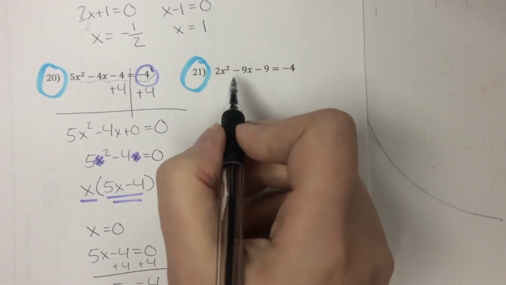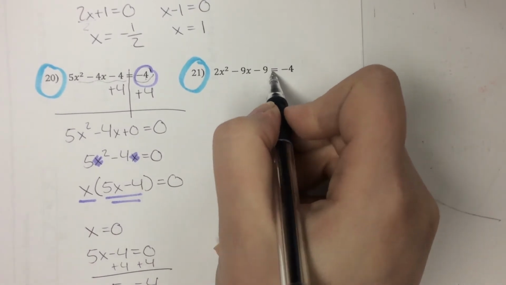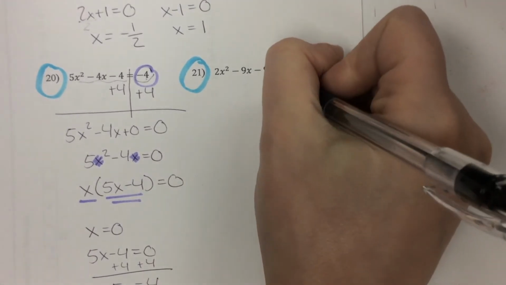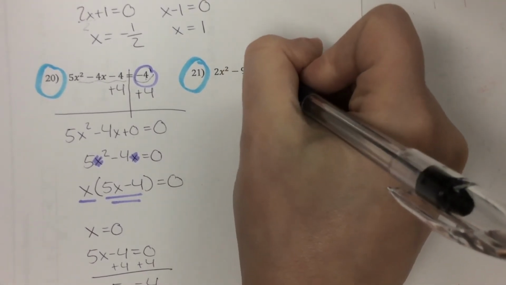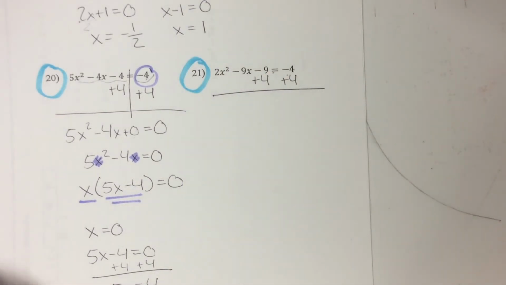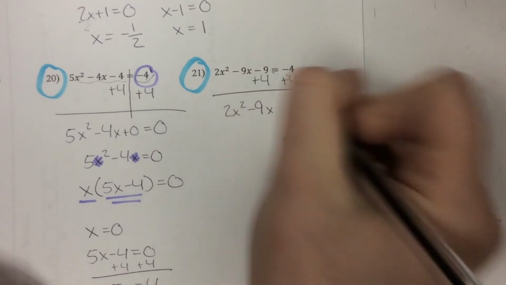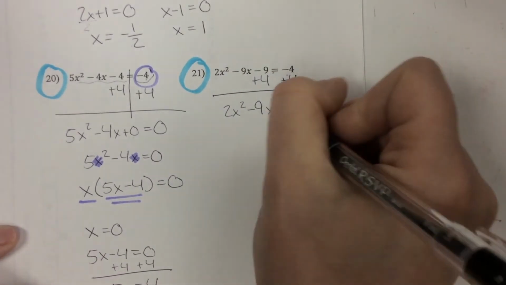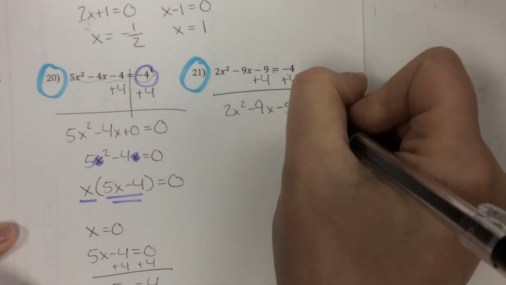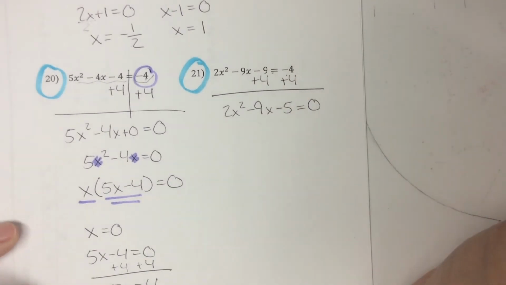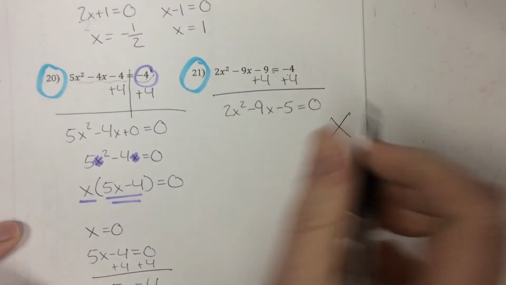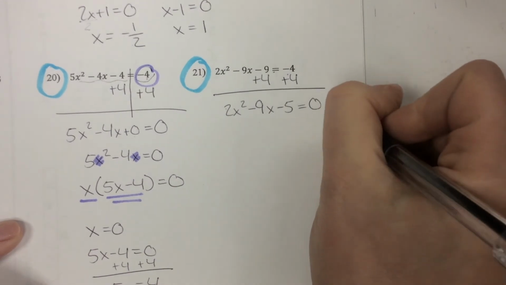21. Again, we would like equal to 0. Let's make it happen, Captain. Okay, so 2x squared minus 9x, negative 9 plus 4 is negative 5. Okay, diamond. 2 and negative 5 gives me negative 10.